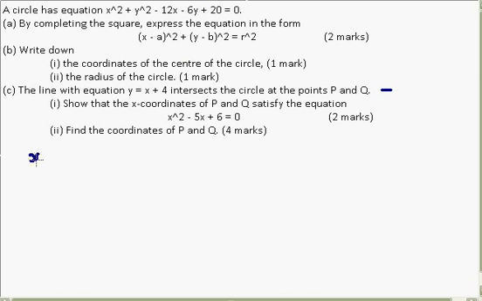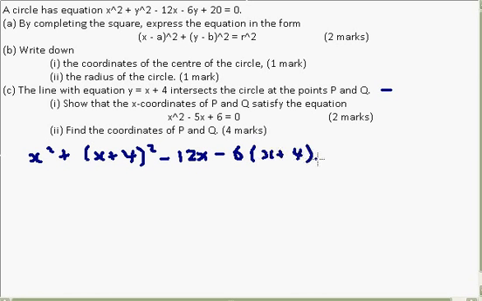So I've got x squared plus, now y squared, y is x plus 4 all squared. Okay, so x plus 4 squared minus 12x take away 6 lots of y. So 6 lots of x plus 4 plus 20 is 0.